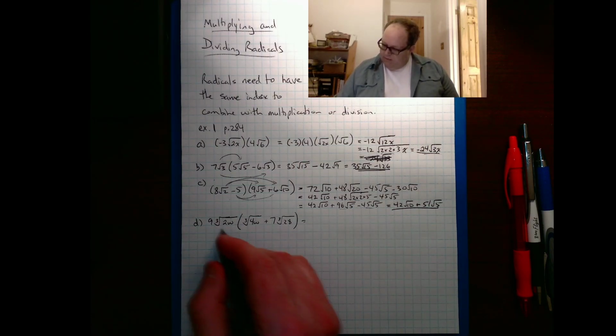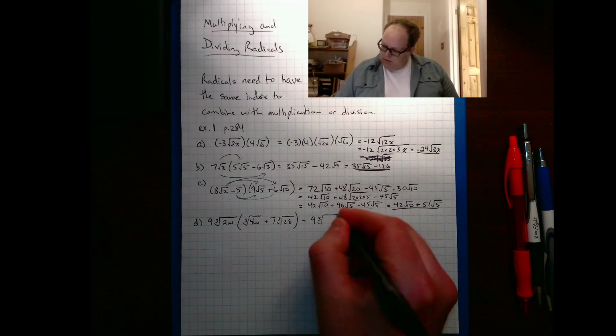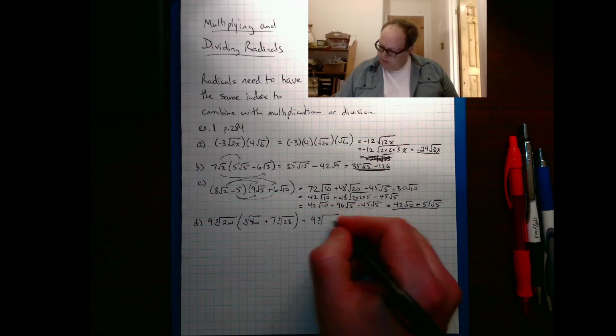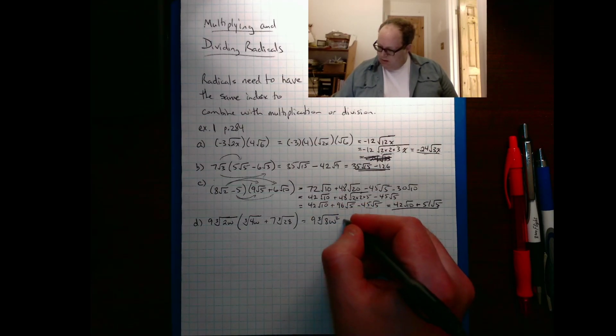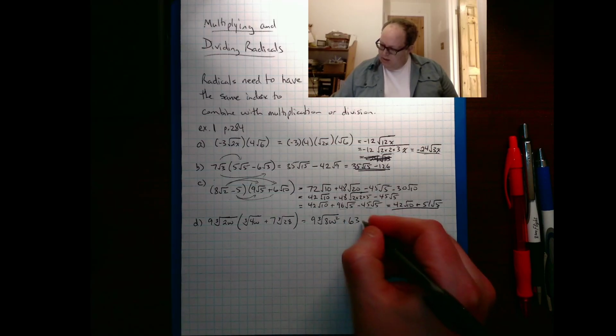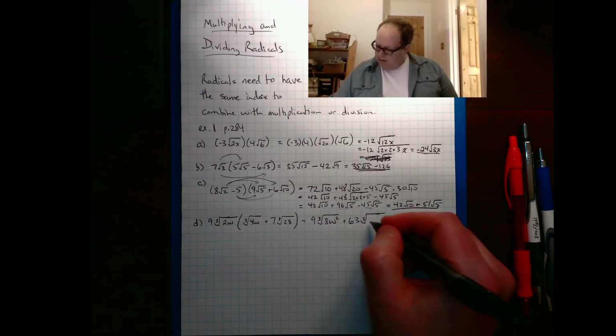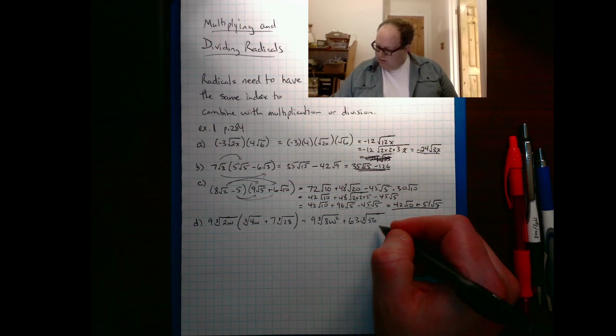So for my first multiplication, I have 9 times the cube root of 2w times 4w, or 8w squared. For my second multiplication, 9 times 7 is 63. It would be 63 times the cube root of 2w times 28, or 56w.